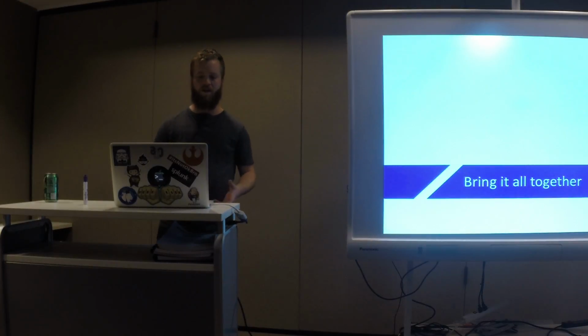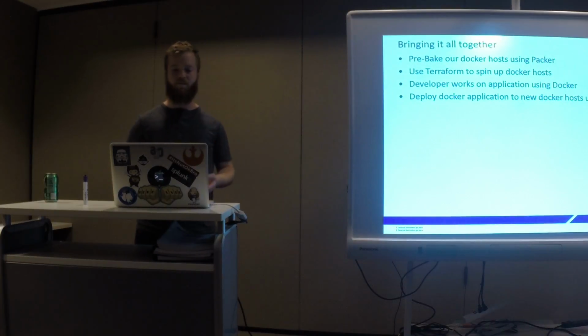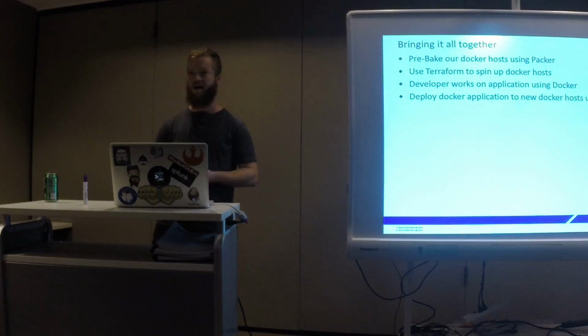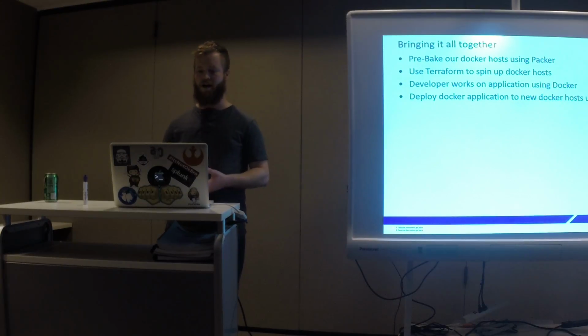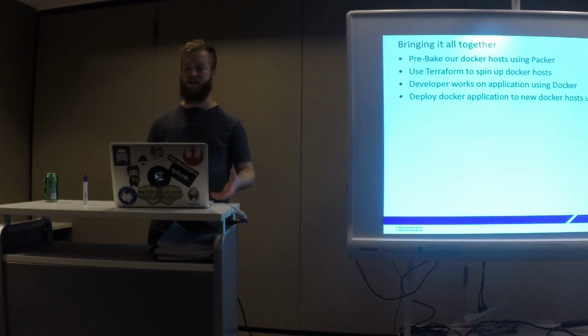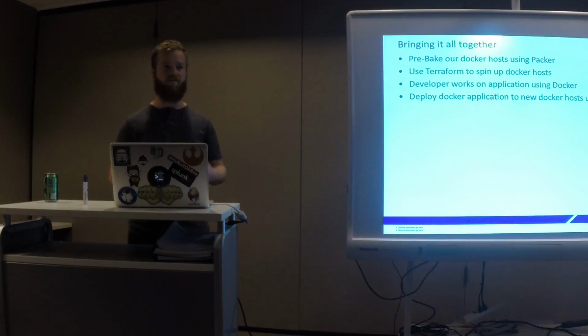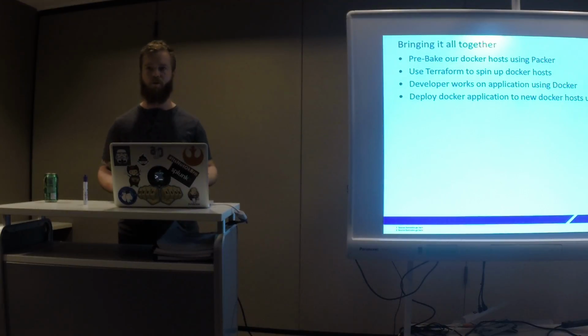So what do you need to bring it all together? It's as simple as you pre-bake your Docker hosts using Packer, so you get your image of your Docker host. You use Terraform to spin up that Docker host. The developer works on their application using Docker for their local environment.